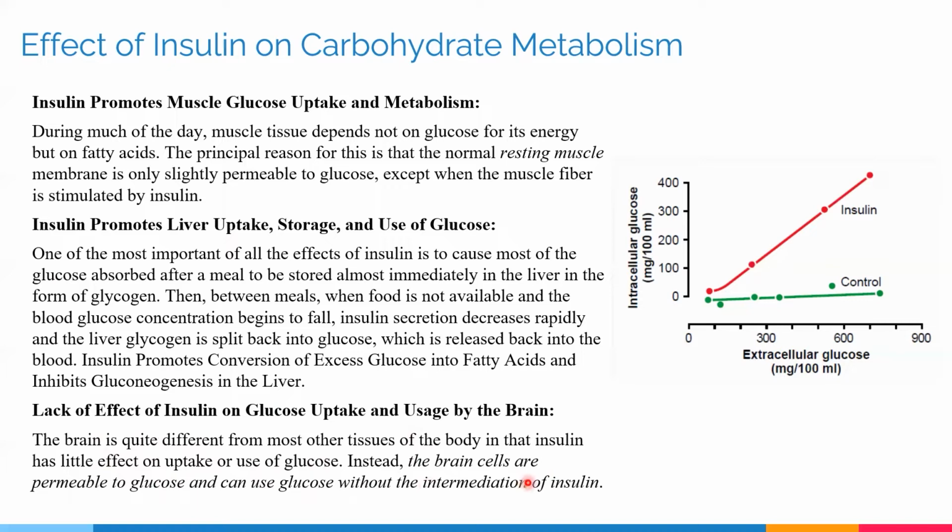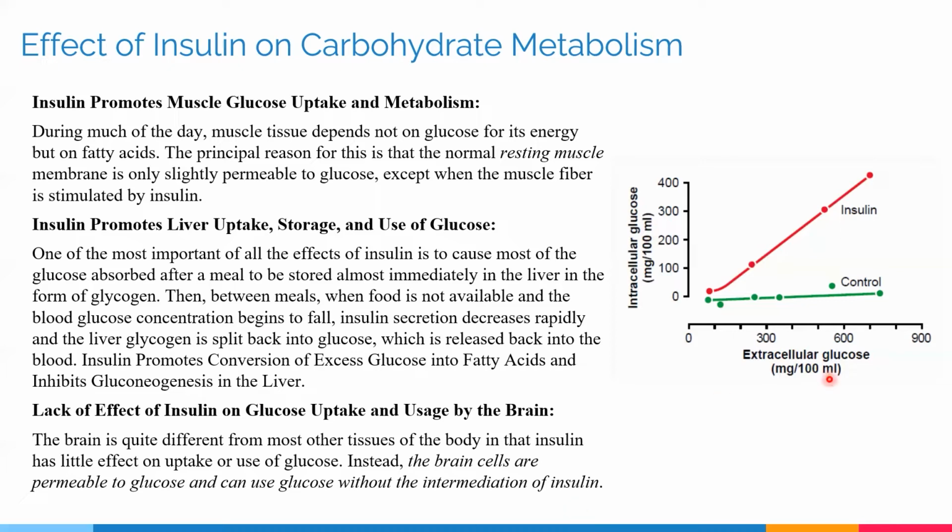Instead, the brain cells are permeable to glucose and can use glucose without the intermediation of insulin. This is because the brain functions mainly on glucose only. It does not use any other source of energy, and thus for its function, it does not depend on an intermediary like insulin for the signal to uptake and use glucose, but directly uses glucose from the blood.